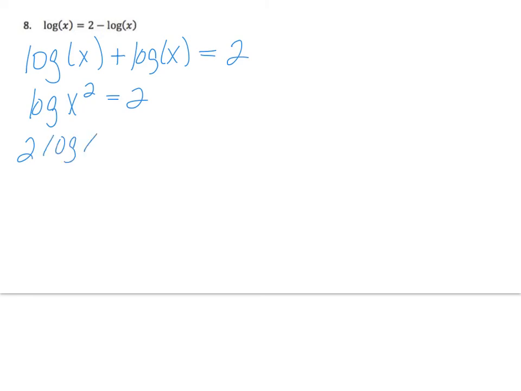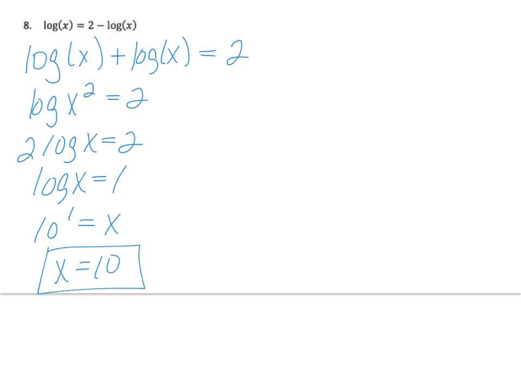So 2 log x equals 2. Divide both sides by 2. So log x equals 1. So 10 to the first power equals x. x equals 10. If I plug it back in, I'm good, because 10 is greater than 0, so no extraneous solutions.